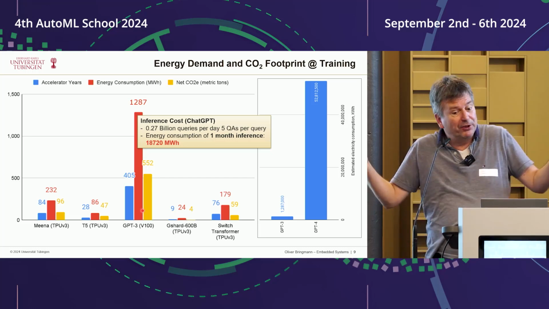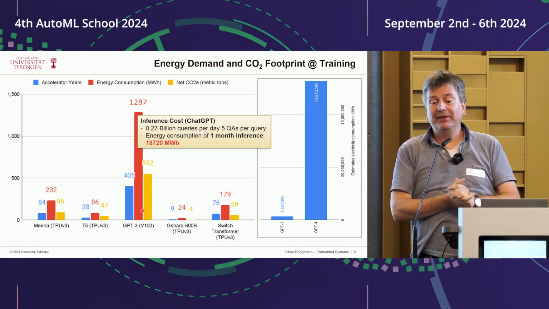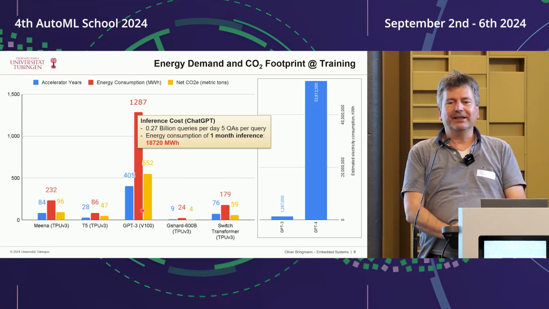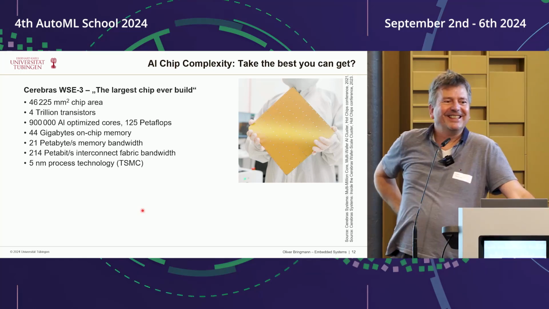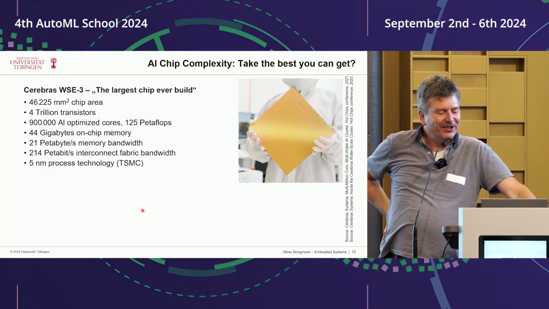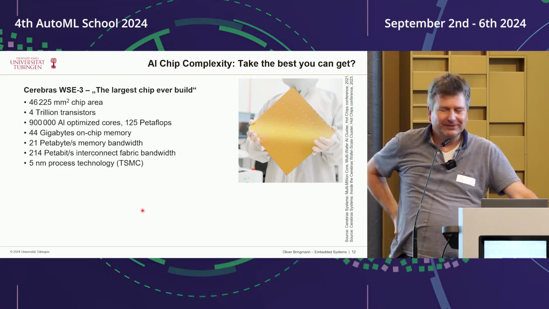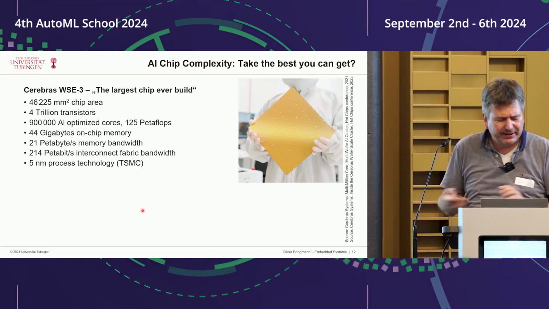And what about the chips? Probably the chips also need to get larger and larger. NVIDIA actually does not build the largest chips. There exists a company, Cerebras. You know Cerebras? No one? Okay, that's a company here. And that's a single chip, you see here on the right-hand side. It's the largest AI chip ever built, according to the advertisements of Cerebras, but it's actually true.